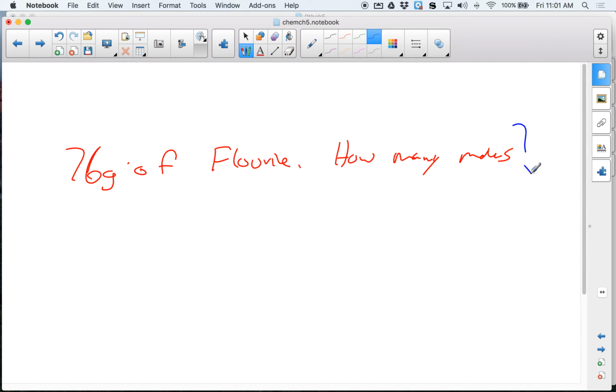And again, don't forget, these are all in grams per mole. Fluorine is F, yes. So its molar mass is 19 grams for every 1 mole. 76 divided by 19.